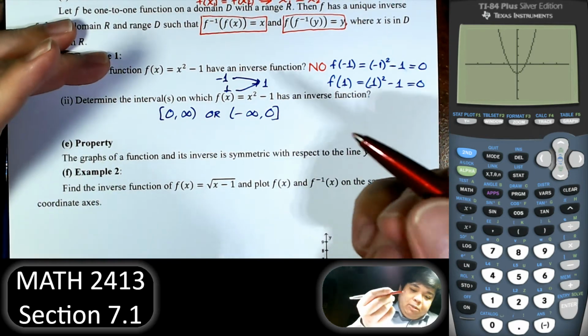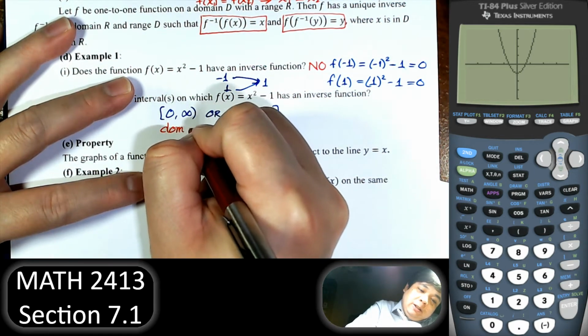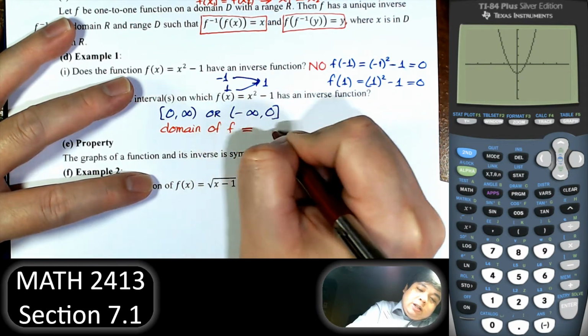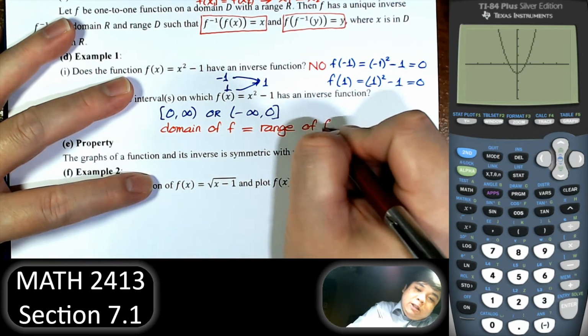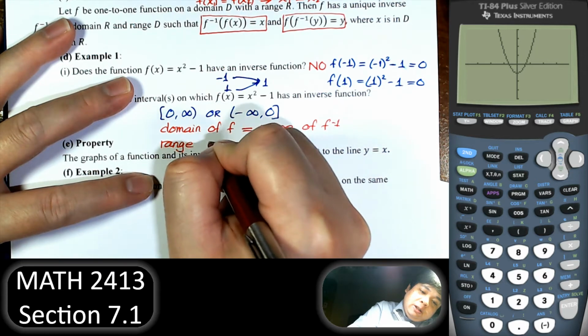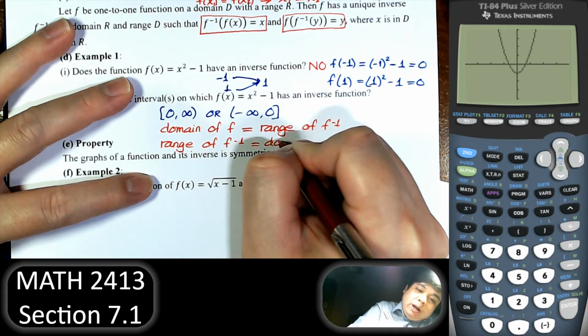Right. So let me just write this. Domain of the function is the range of the inverse. The range of the inverse is equal to the domain of the function.